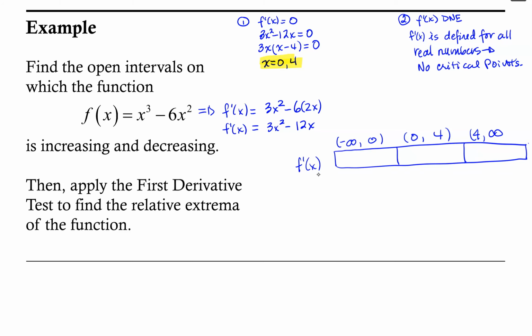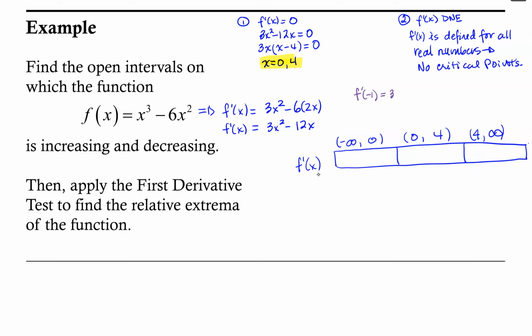And so what we want to know in these various intervals is whether the function is positive or negative there. And to determine that, I simply need to choose a value of x in that interval and determine whether or not it's positive or negative. So let's first take a look at the interval from negative infinity to 0. Negative 1 is a nice number, so let's see what f prime at negative 1 is.